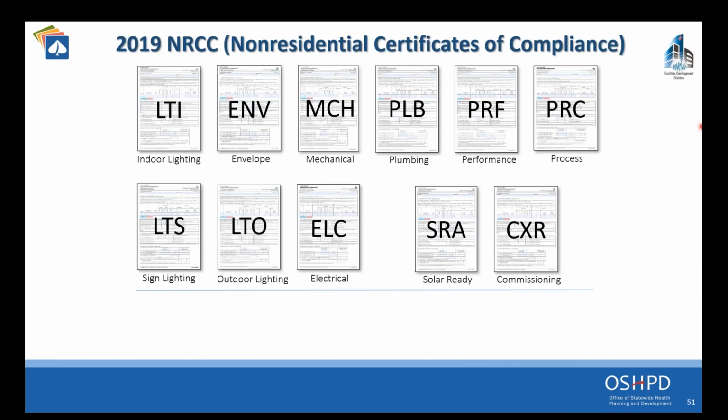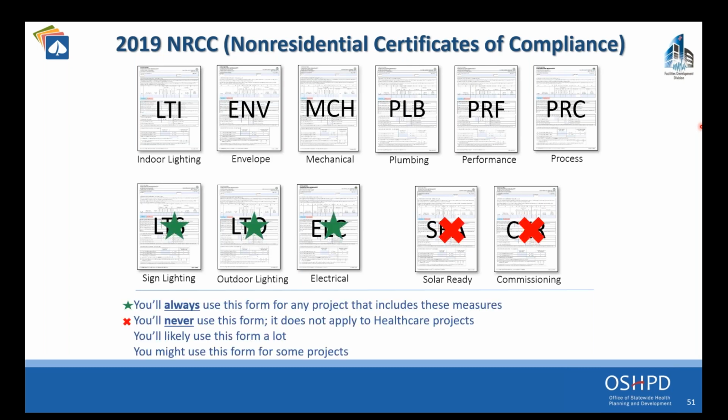These are the forms that are available. The NRCC, the non-residential certificates of compliance. These are submitted when you do plan review, and they are required for the different portions of work that you are doing, and they are submitted with your project. Okay, the green stars, things you'll be using these forms all the time for your sign lighting, outdoor lighting, and your electrical.